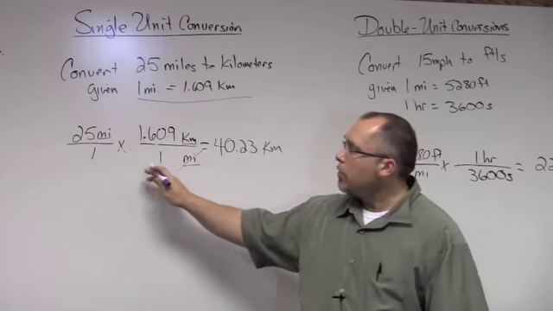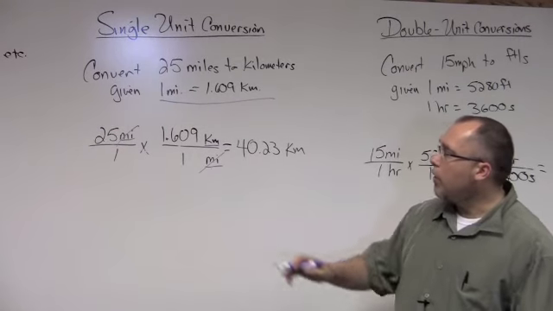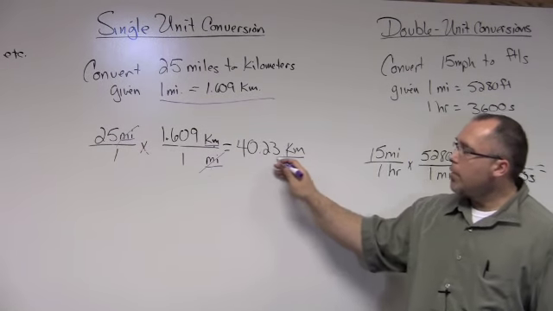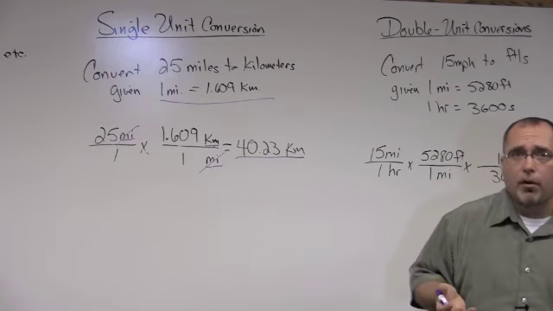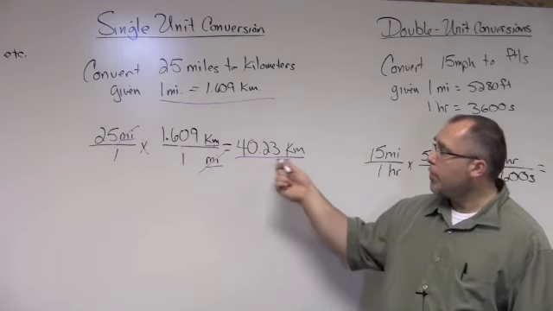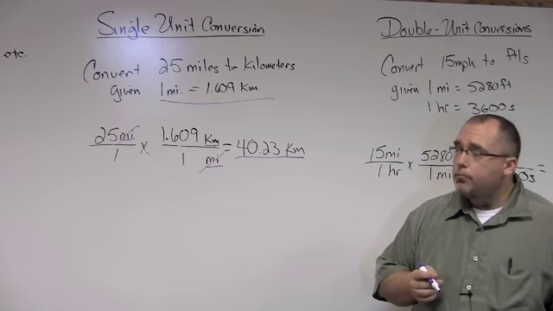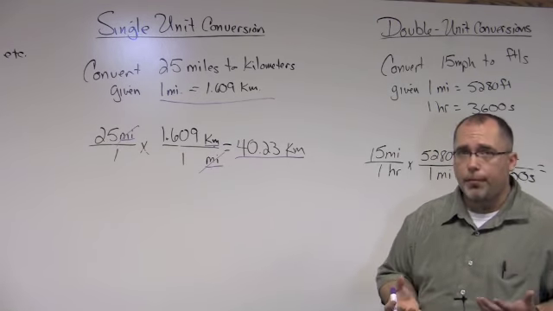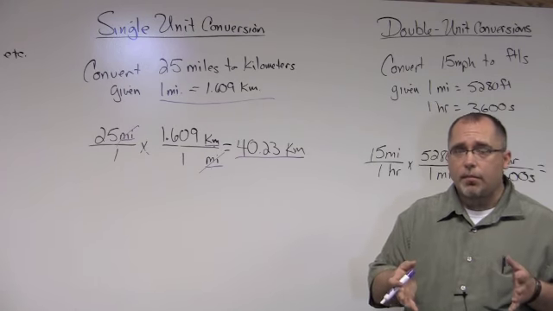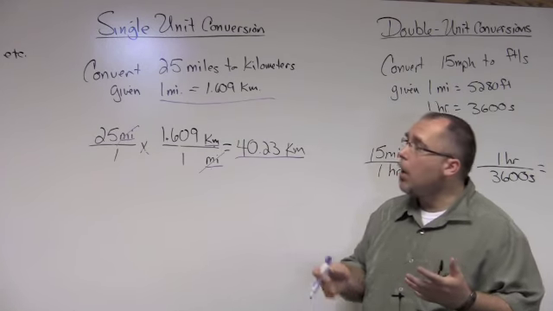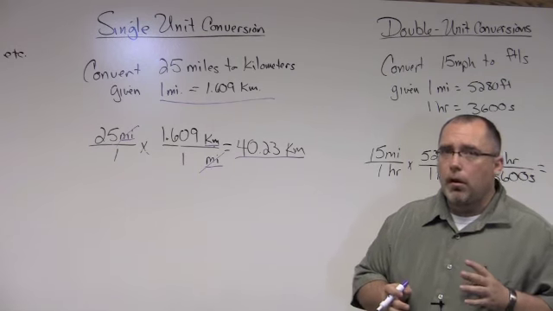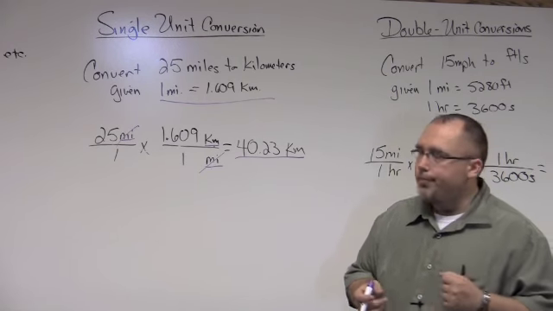And notice now your miles cancel out. The only unit left are those kilometers. So the answer to that single unit conversion would simply be 40.23 kilometers. It's very simple, very straightforward. And I want you to follow this process because in a couple topics down the road, conversions become the sticky point. They're not difficult, they're just tedious.